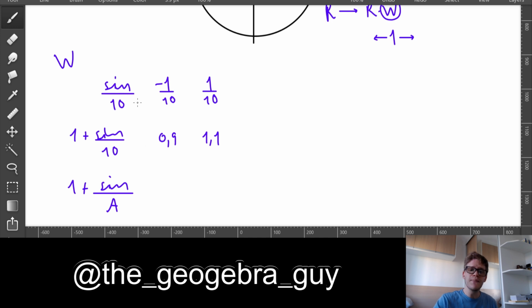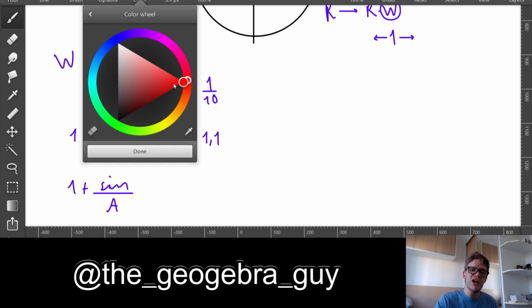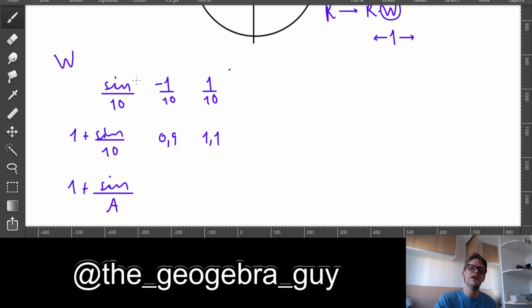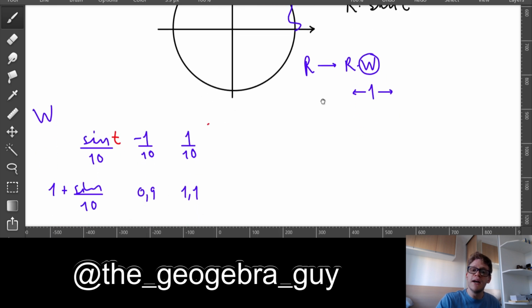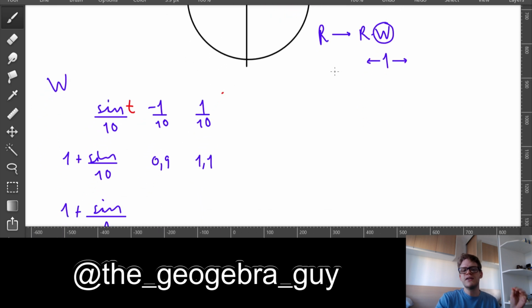But the thing is, what do we put here in our sine function? If we put just t, the same parametric variable as our parametric curves, t oscillates between 0 and 2 pi and repeats. So we can't just put t here because it would only oscillate once between 0.9 and 1.1.